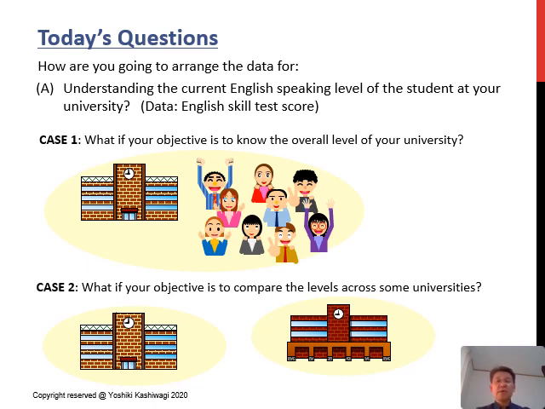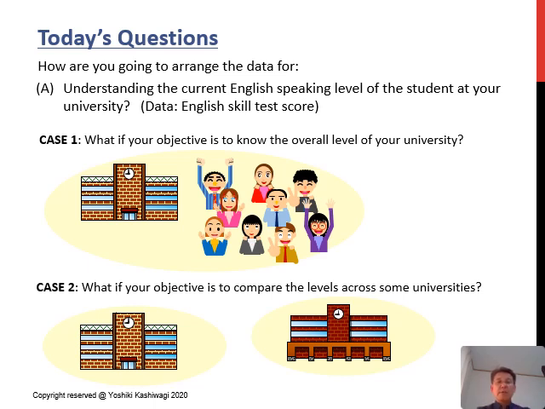You can just simply take an average of all the students of YNU. That is not wrong, but is it enough? Can you deliver sufficient information with just one single index, the average? That's not a strong message.